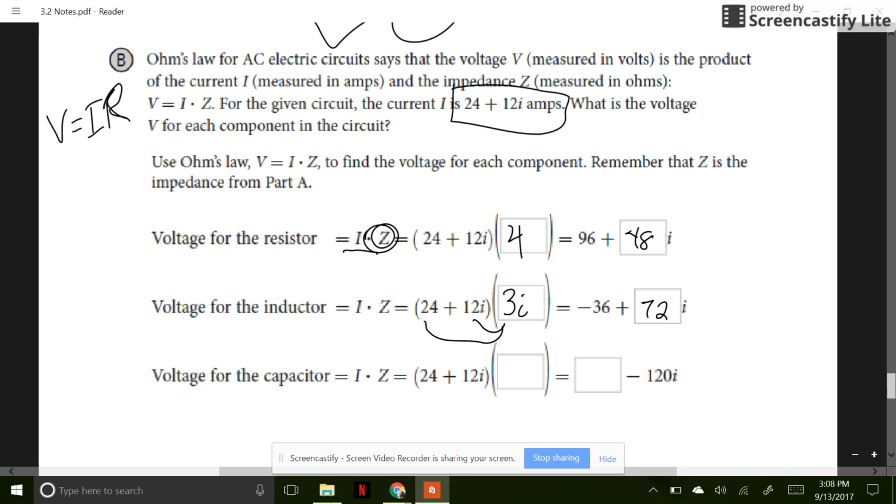And the last one for the capacitor, we said was negative 5i. Again, you have to be careful here. So if we take that 12i times the negative 5i, 12 times 5 is 60, negative 60, but then we have the i squared, which would get us another negative 1, which makes that positive 60, and then the 24 times the negative 5, you get the minus 120i.